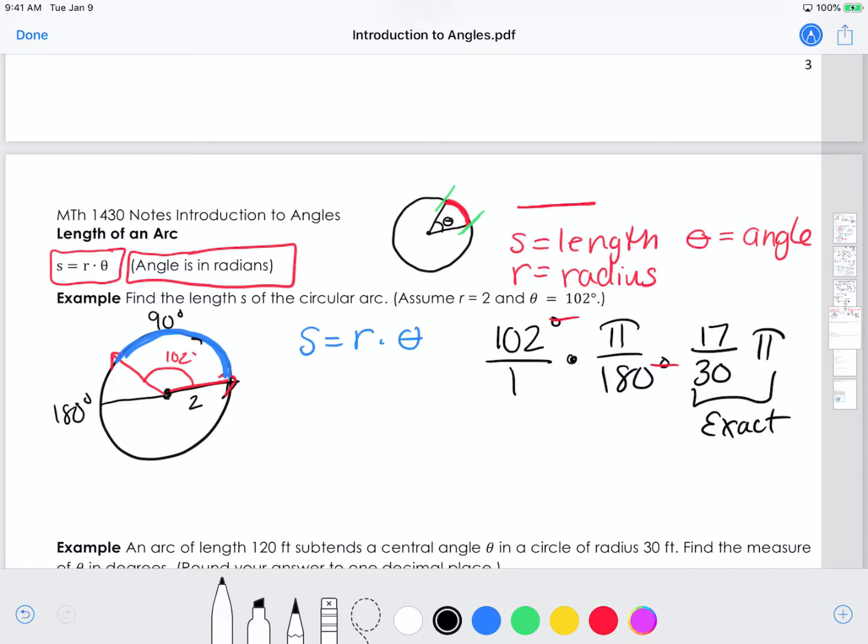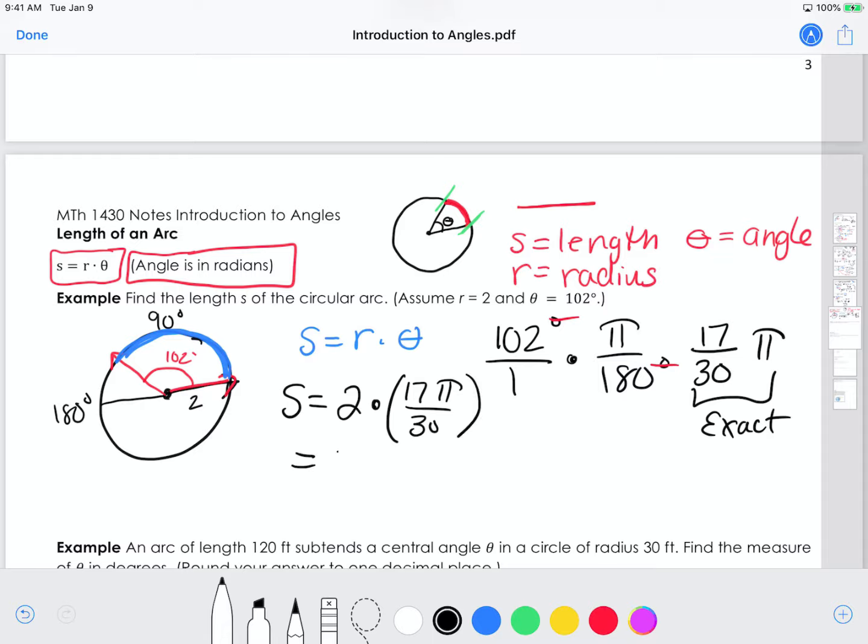Okay, so now we have our angle in radians. So I'm going to take the length of my radius, which is 2, and multiply it by my angle in radians. Now my angle in radians we found was 17 pi over 30.